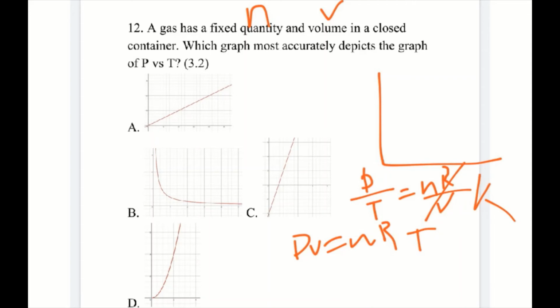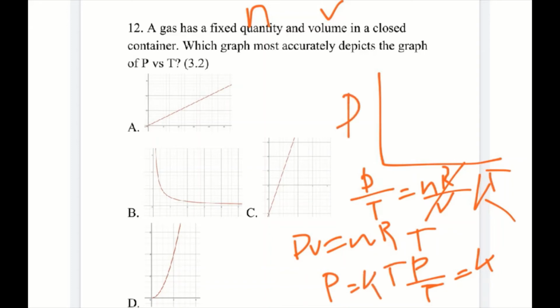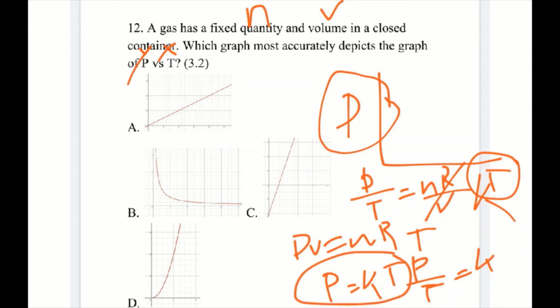So we get that P over T is equal to k, or P equals kT. So pressure versus temperature is our graph, with pressure on the y-axis and T on the x-axis, like that. And notice how this P equals kT is the equation of a line that goes through the origin. So our answer will be A.